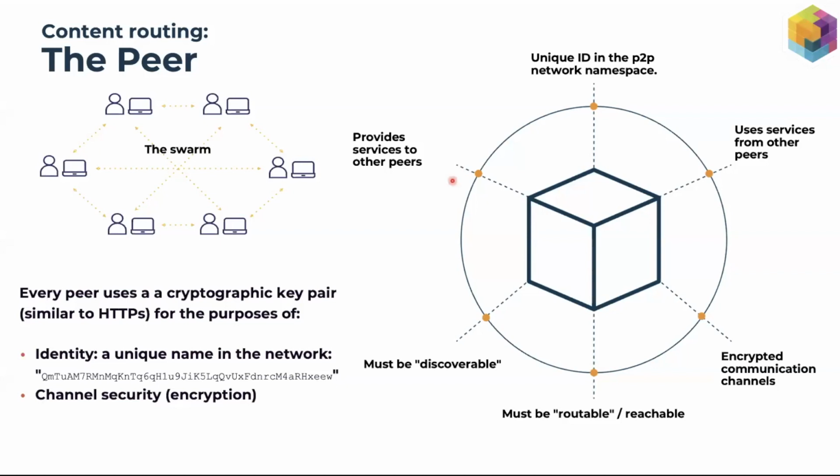Every peer needs to have an ID of its own, which is basically a cryptographic key pair, by which it is identified, and this is used in any DHT. You need to be routable in order to be reached by outside nodes, which presents problems when we're living in the world of today and we're behind NATs, which makes it difficult to connect and get content from some peer in the network.